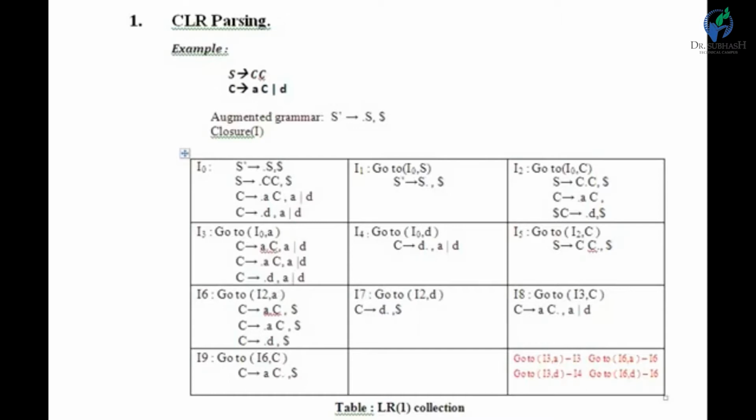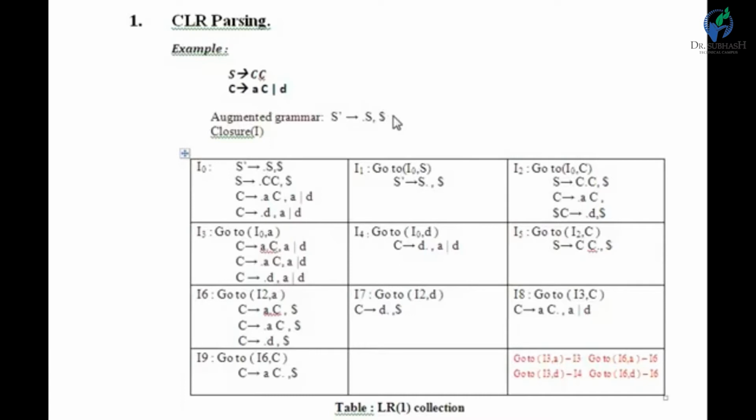So follow of S, the starting symbol, is dollar, because in no production is there an S on the right side. So first add the dollar sign to the starting symbol. Follow of S is equal to dollar.